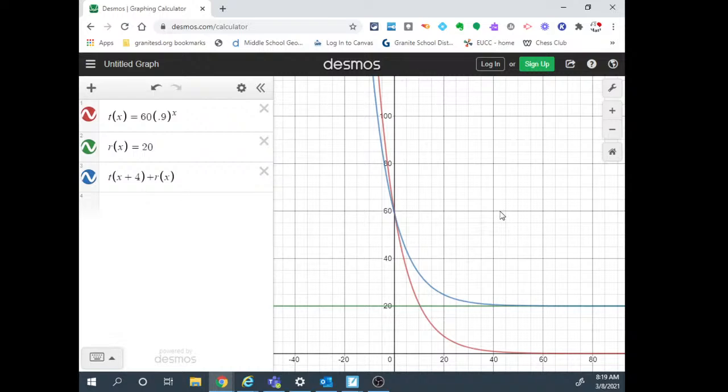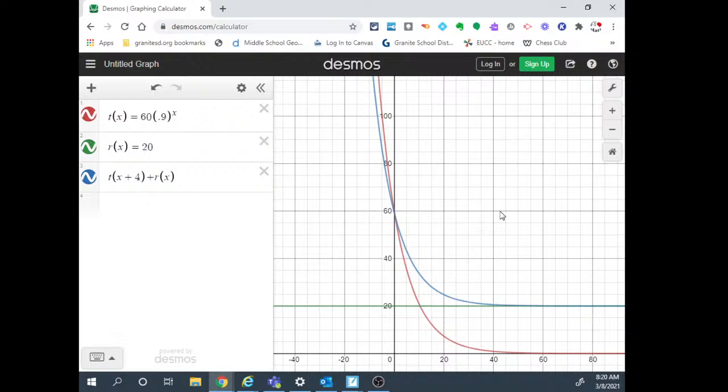Awesome. Yeah. I mean, maybe we could think about why that is. Okay, as I increase x, we're multiplying by 0.9 more times, right? 60 times 0.9 times 0.9 times 0.9 times 0.9. So it's going to get smaller and smaller, but then we're adding 20. So if you look at the red function, the best we can do is get really close to 0. If I add 20, that means I'm going to get closer to 20. Because I'm going to get closer and closer to 0, and then plus 20.